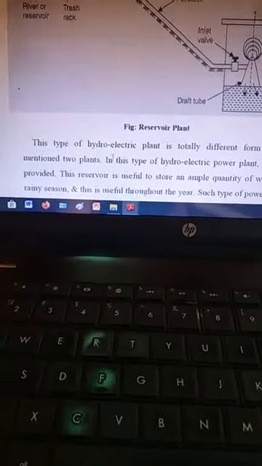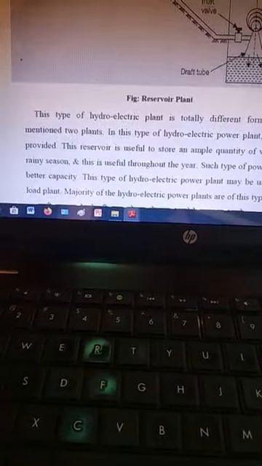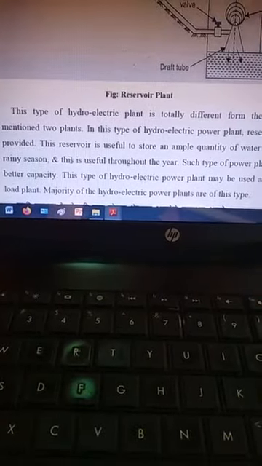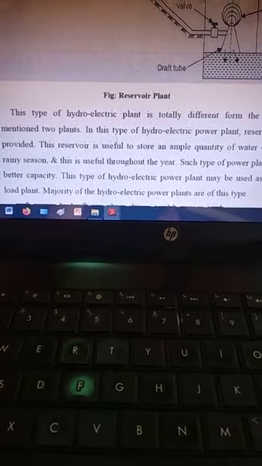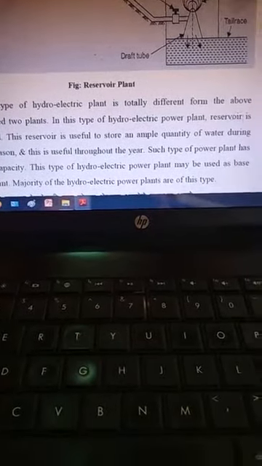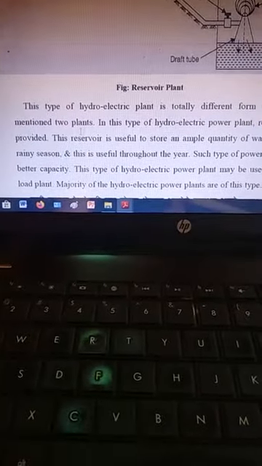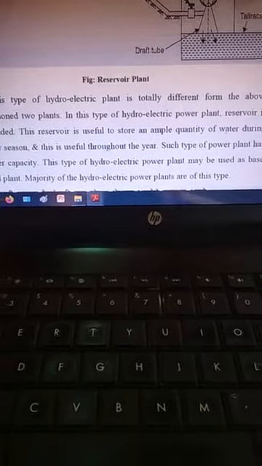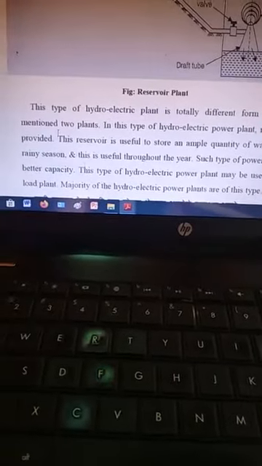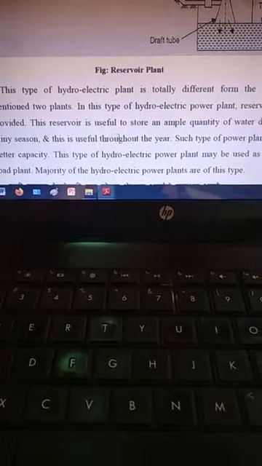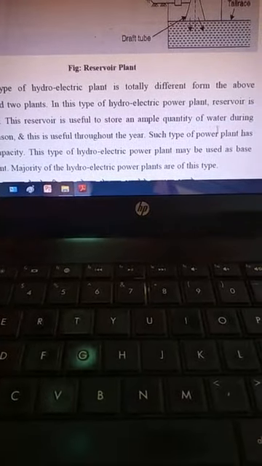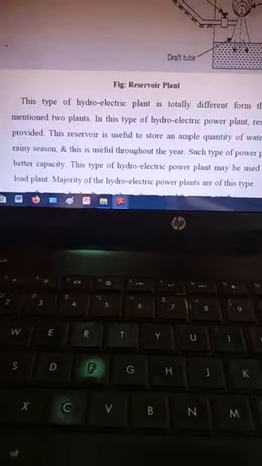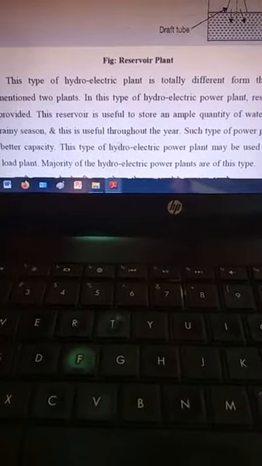So what is the function or principle of this reservoir based hydroelectric power plant? This type of hydroelectric power plant is totally different from the above mentioned two plants. In this type of hydroelectric power plant, a reservoir is provided. This reservoir is used to store a large quantity of water during many seasons, and this is useful throughout the year.